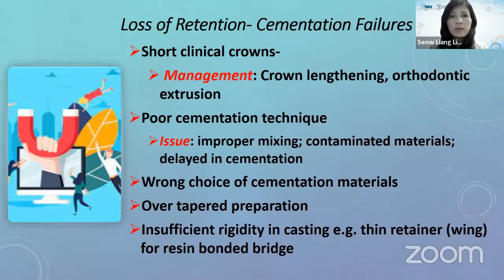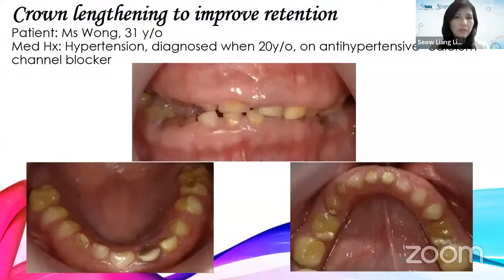If it's too thin, the base metal will still flex under occlusal forces. Once it flexes, it will stress the cement layer, and once you stress the cement layer, it will cause debonding. So these are the areas that we need to pay attention to avoid cementation failure.